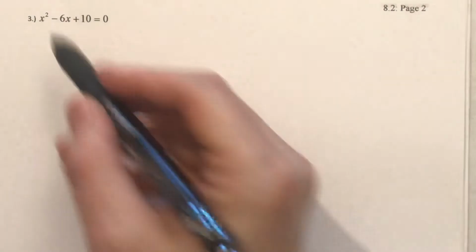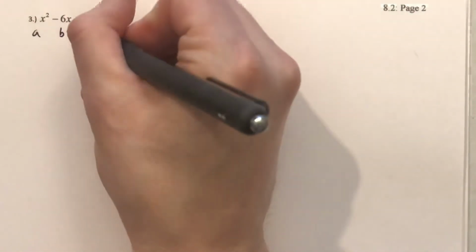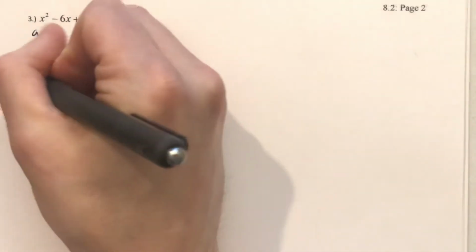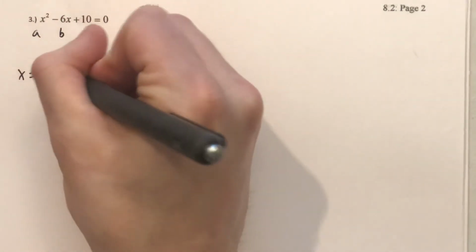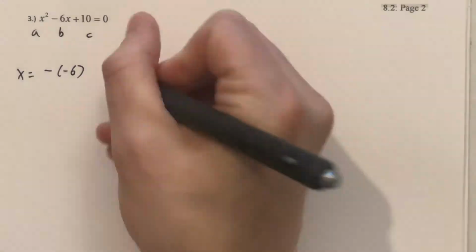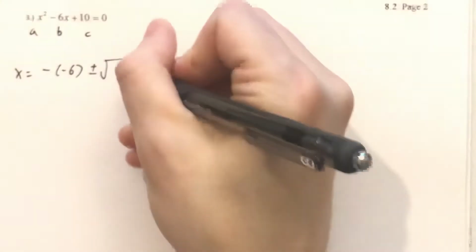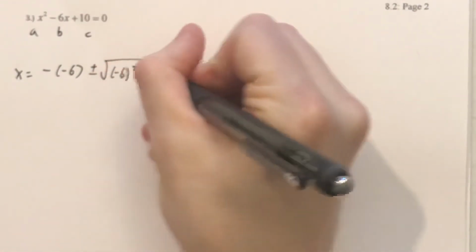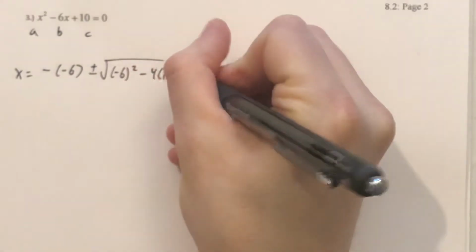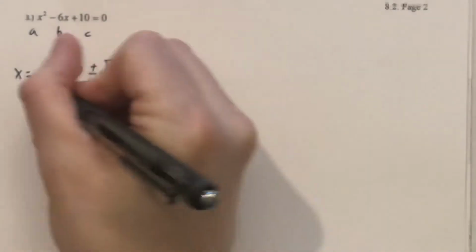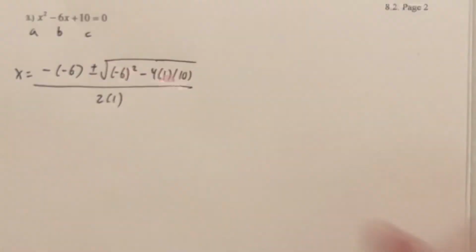All right, so for the next one, we already have the correct form. All things on one side equal to 0. So as far as A, B, and C are concerned, we've got x equals the negative of negative 6 plus or minus the square root of negative 6 squared minus 4 times 1 times 10 all over 2 times 1.